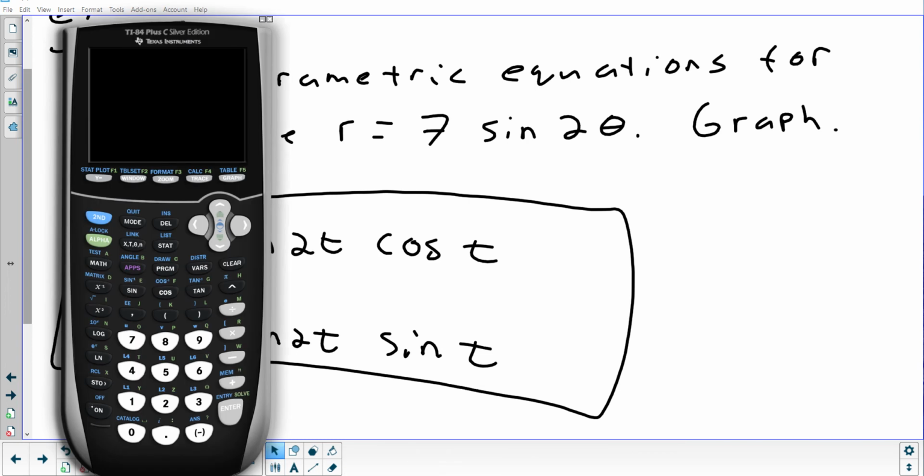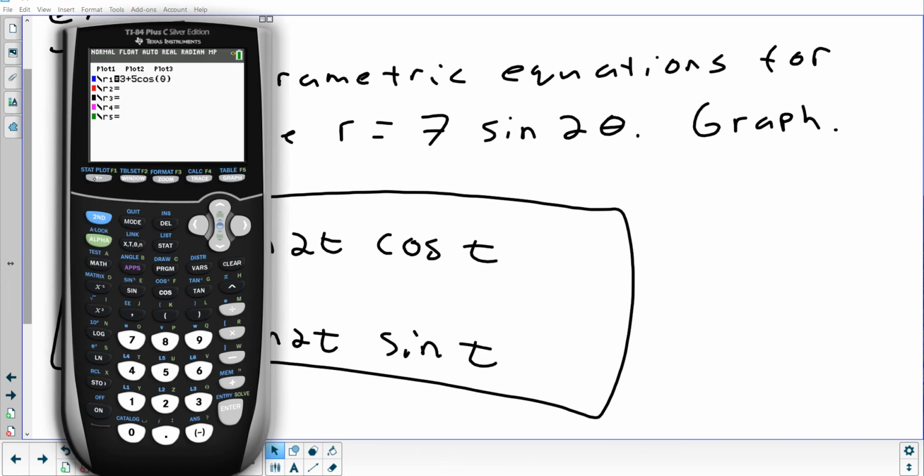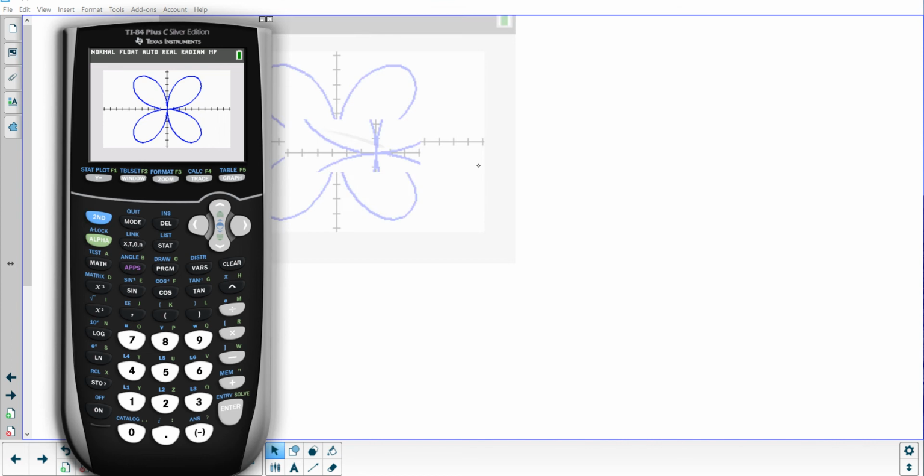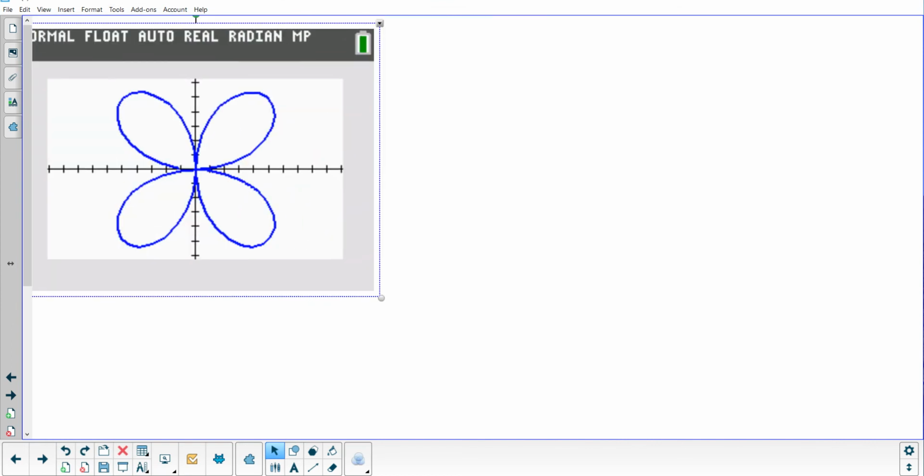Let's try. So let's graph 7 sine 2 theta in polar. So 7 sine 2 theta. Check your window real quick. Looks fine. Graph. Okay, and that's the shape you get when you do 7 sine 2 theta. Now, this is polar.